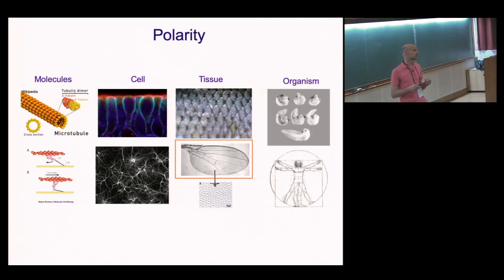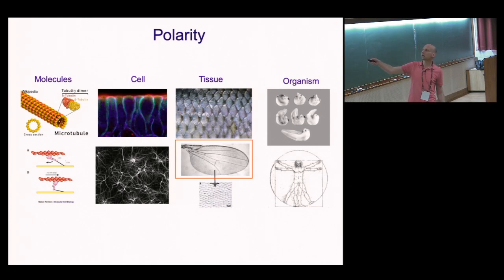Polarity is, of course, also an essential aspect of the cytoskeleton in the cell. So, for example, microtubules that drive a lot of the biology that we talked about this week are made up of these dimers of two proteins, and already you can see that the dimer itself has a polarity axis.